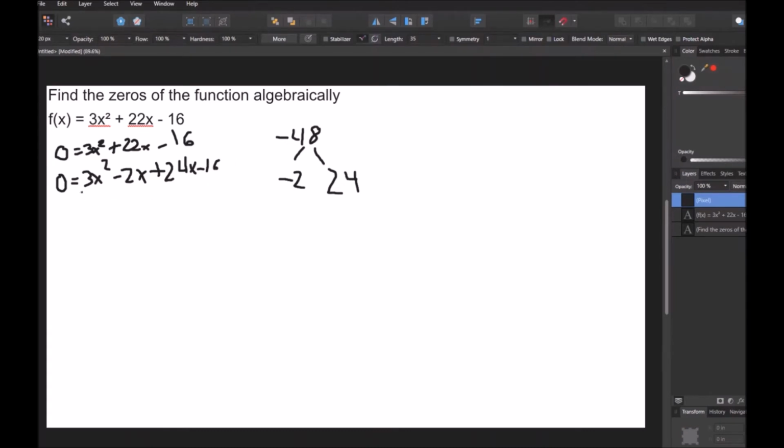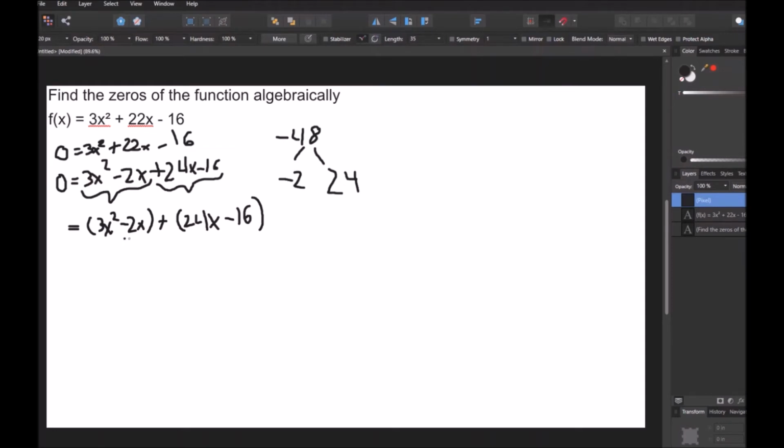Now when I factor by grouping, I basically am going to group these two terms together and these two terms together. So I'm going to have 3x squared minus 2x plus 24x minus 16.